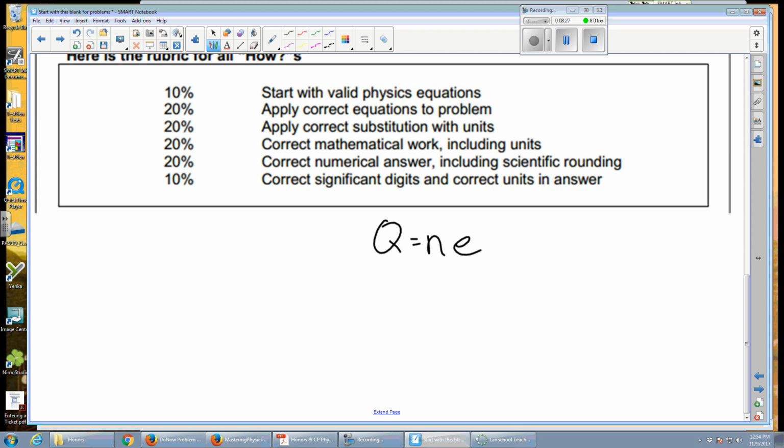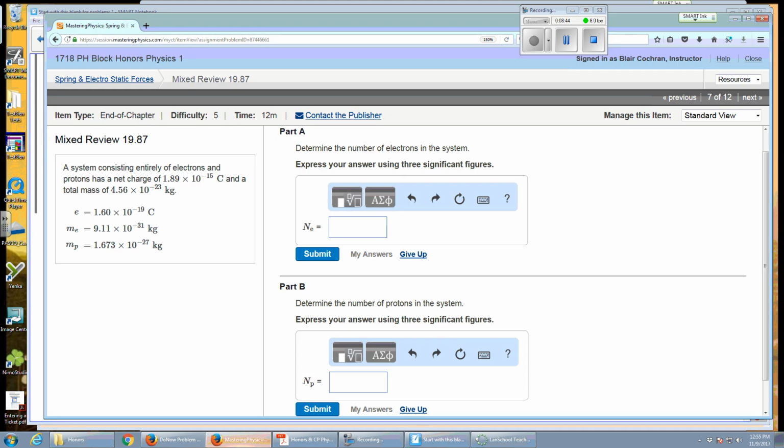So the total charge is due to the number of quanta times one quanta. So let's see what the problem tells us. It says we have a net charge. So my net charge is positive.